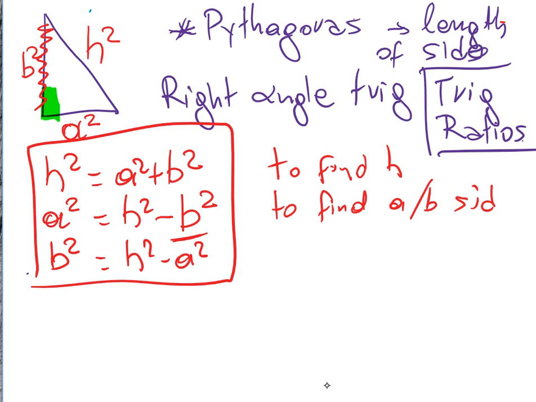Now, there are cases where I know the angle and one side or two sides, and I want to find the other side.